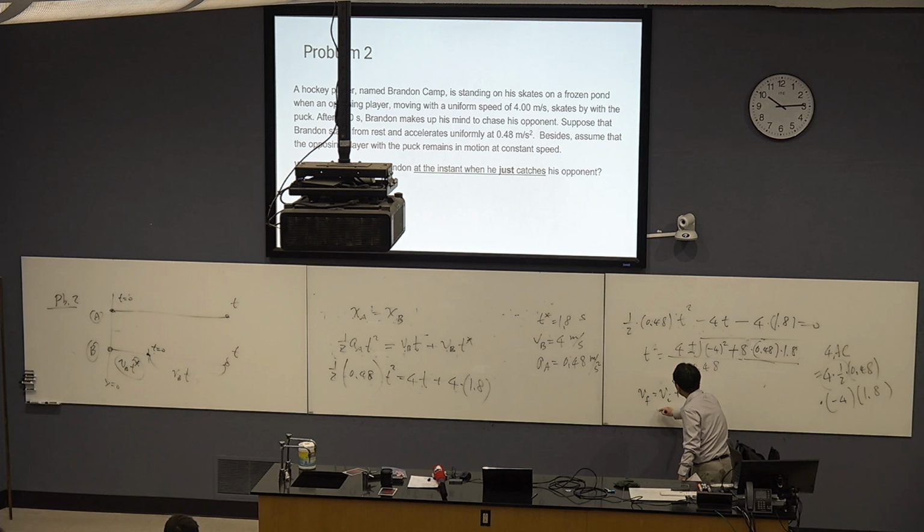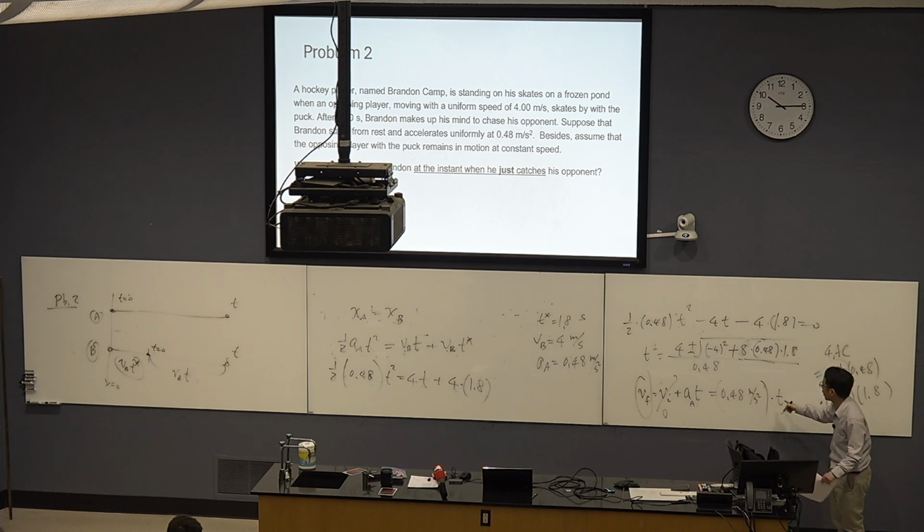So V initial is 0, and this A is, of course, the acceleration of Brayton. That's the A sub A, okay? So that's the acceleration of Brayton, which is 0.4A meter per second squared, times the time you obtain from here, then that will be the final speed or final velocity of Brayton, right?